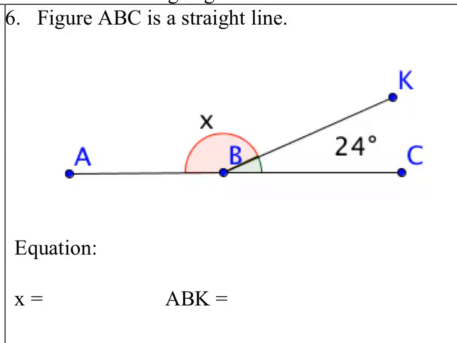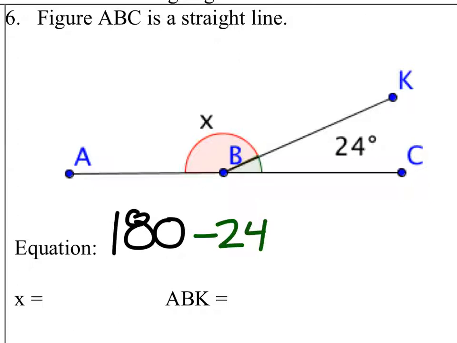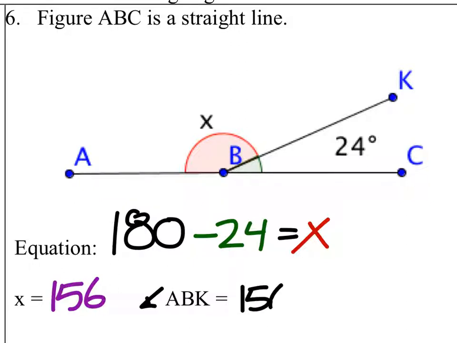Supplementary, straight angles, supplementary, the SS thing. So we can take 180 degrees, that's the supplementary relationship, and subtract those 24 degrees, which would tell us the value of x. And when we do this, we find that x is 156. So angle ABK would be 156 degrees.